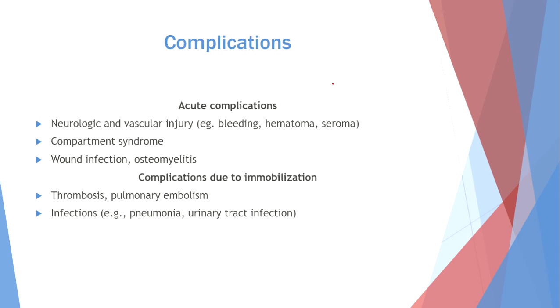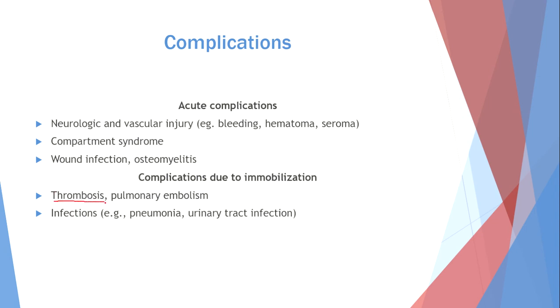Complications of bone fracture. We have acute complications such as neurologic and vascular injury, bleeding, hematoma or seroma, compartment syndrome, and wound infection or osteomyelitis. Complications due to immobilization: thrombosis, pulmonary embolism, and infections.